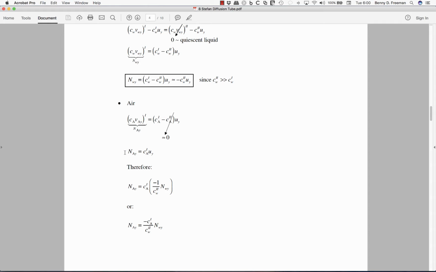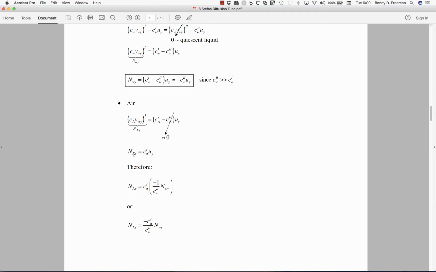And what you find from that jump mass balance is the flux of the air is equal to the concentration of air in the gas phase, and we've said we can calculate that basically as P divided by RT times the mole fraction of air in the gas phase, and at that interface the mole fraction of air in the gas phase is 97.5%, because we calculated earlier that there was 2.5% water right at the liquid vapor interface in the gas phase.